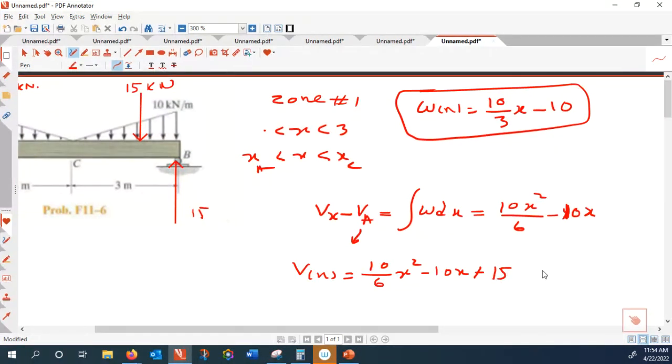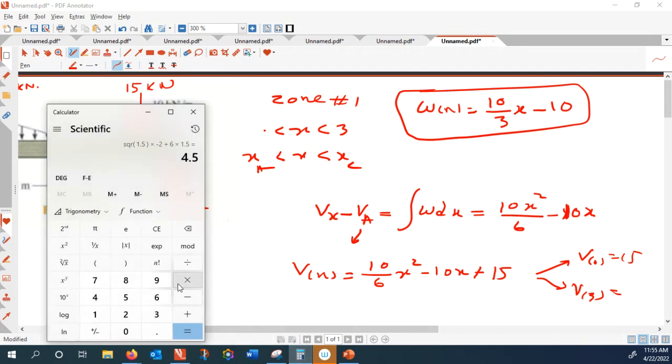So v of a becomes v of 0, that is 15, and v of 3. What is v of 3? 9 times 10 divided by 6 minus 30 plus 15.